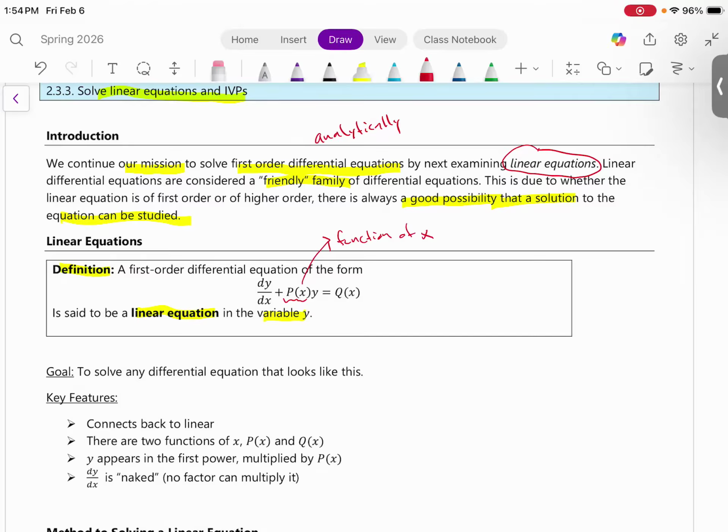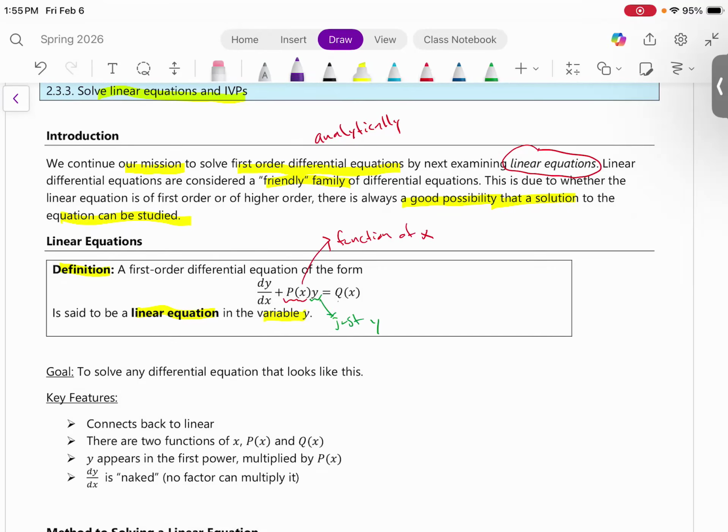of x. It's some function of x, could be x squared, x could be a constant, some type of function of x, and it's going to be multiplying just y. So this is just a variable y. So it needs to be just a variable y for it to be a linear equation.